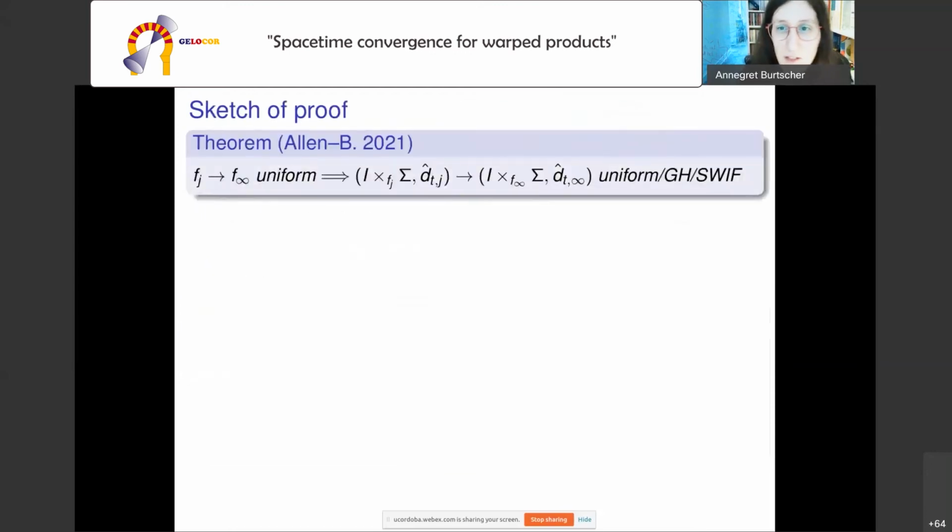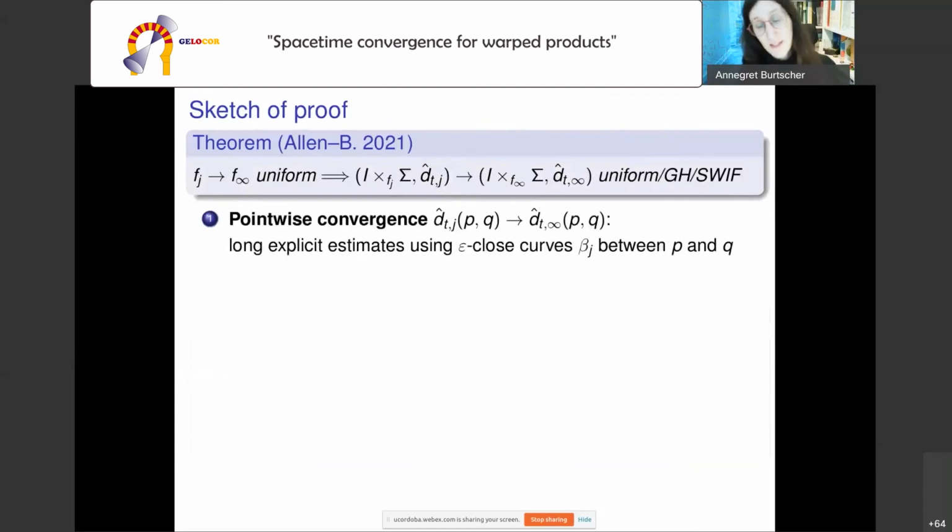So okay, here's just the statement again, a little bit shortened. The first thing, and this is actually the most difficult part in our paper, it takes up about 4 pages. The first thing you have to prove is pointwise convergence. And the idea is very simple, but you have to be very careful. So there's a lot of inequalities.